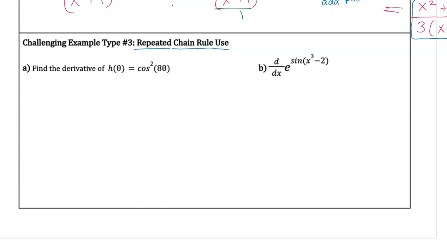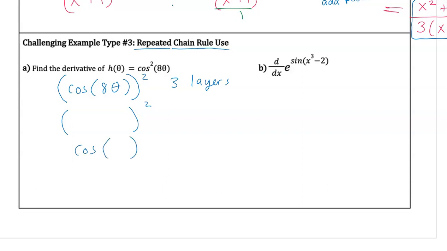So in this case, what I want you to notice is that you have cosine is one of the functions. The inside of it is a second function. And then all of that is being squared. So I technically have 3 layers of function. So it's like those Russian dolls, you know, where you open up one and then there's another one inside.